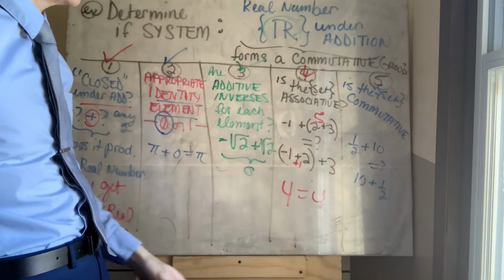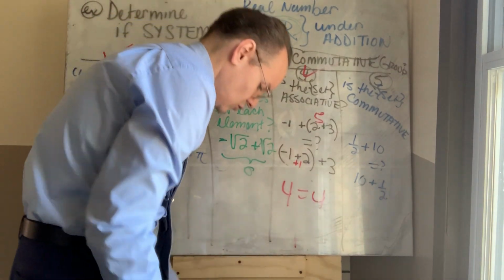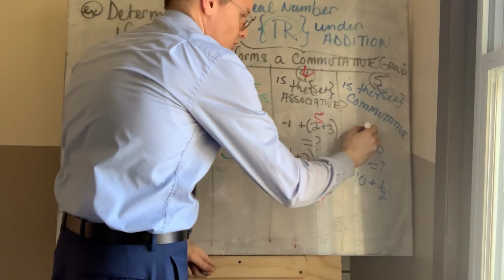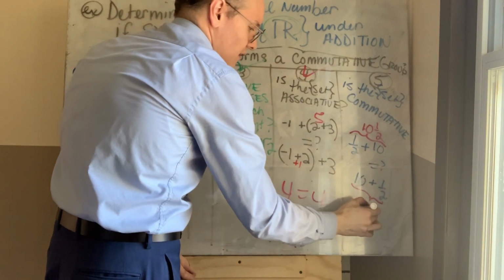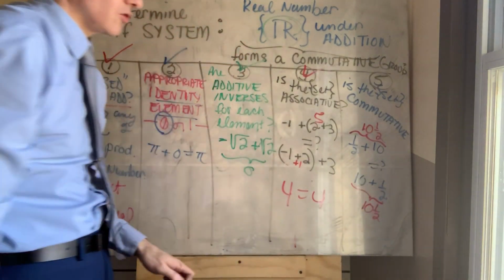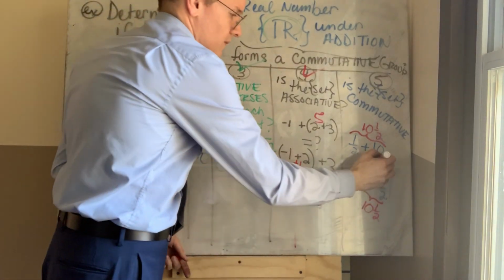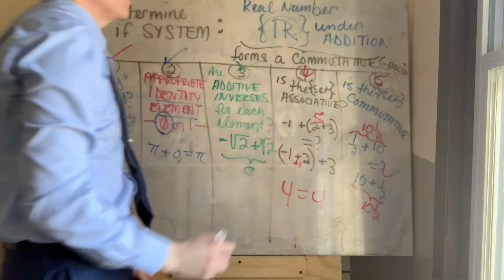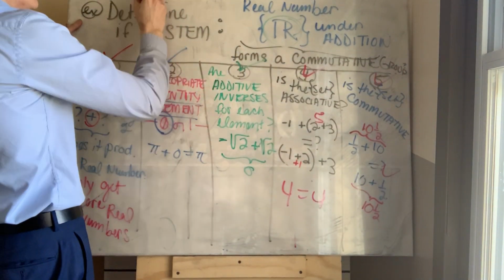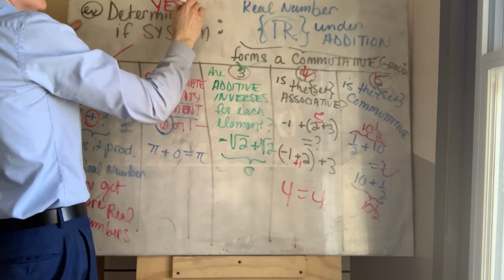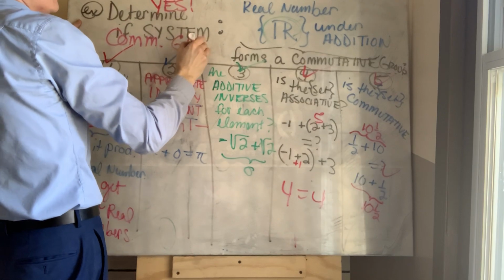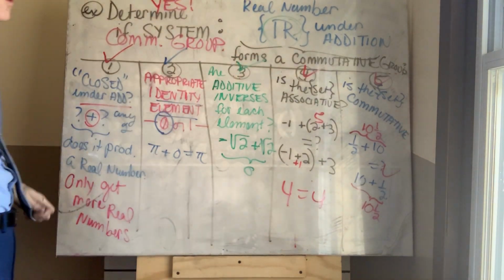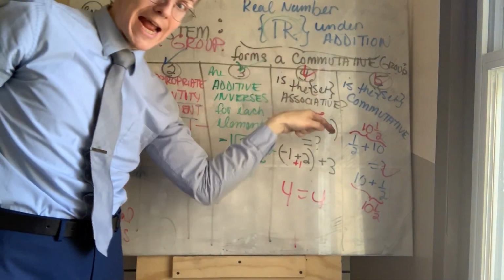Well, 10 and a half is what you would get as a result of adding these two, in that order, and 10 and a half is what you would get as a result of adding these two. So yes, it is commutative. Yes, it is a commutative group, because it meets all four requirements and the fifth one.